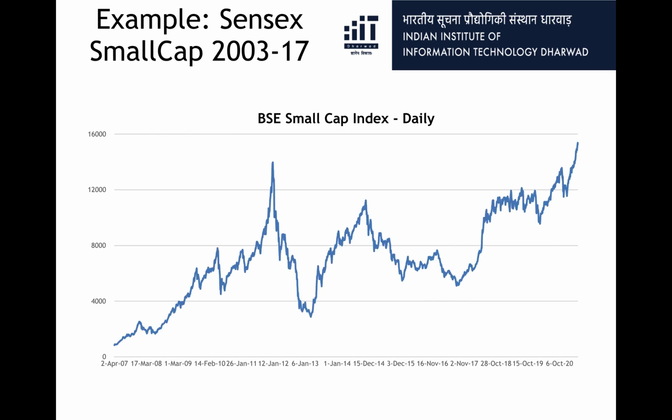Now, if you take some other data from the stock market, there is another index called the Sensex Small Cap. The Sensex index is for the large companies, what is called large cap, companies having a large market capital, whereas this is for the smaller companies, small cap. Now, this data has been available from 2003 or so.